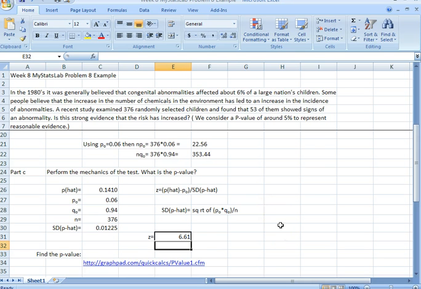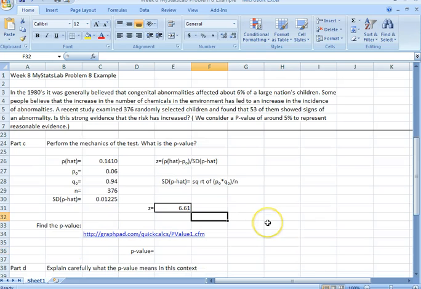Our z-score is large, 6.61. Now we're asked to find the p-value that corresponds to this z-score of 6.61.